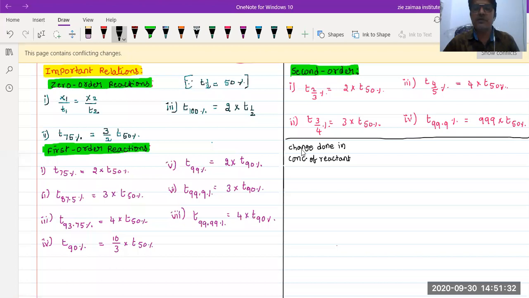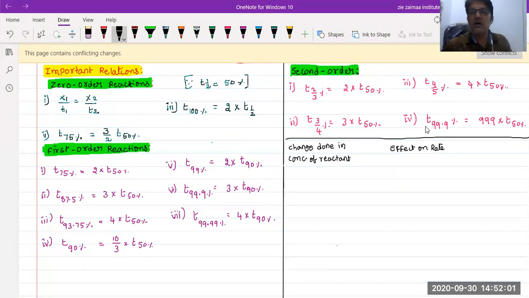See, in the first column we write the change done in the concentration of reactant. Okay, and in the second column we need to write the effect on the rate. Suppose we change the concentration of the reactant, how the rate is affected can be written in the second column. So, effect on rate, whether it is going to be double or triple, or no effect.